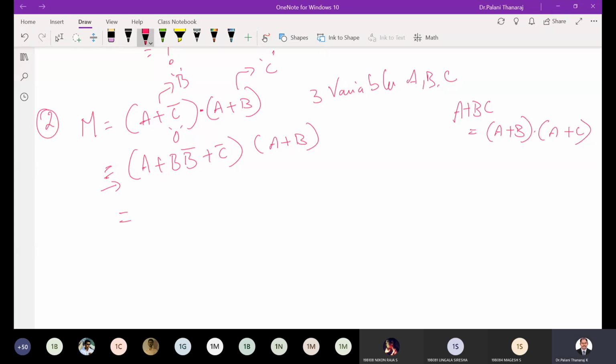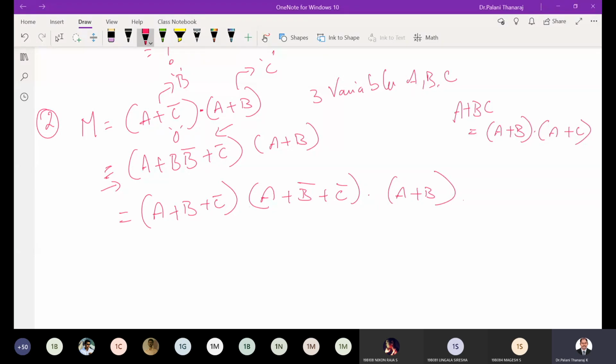Can you use this property here? So can I write it as A plus B plus C bar as one factor, and another factor as A plus B bar plus C bar? Do you agree with me? Yes, distributive, yes, Manikandan.